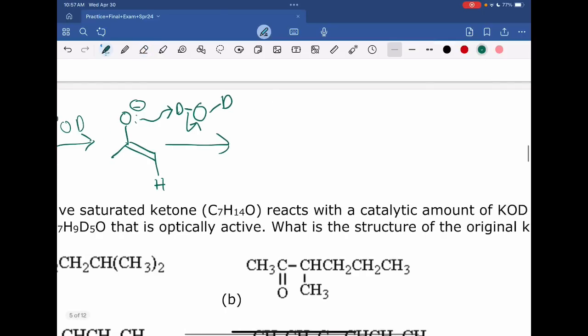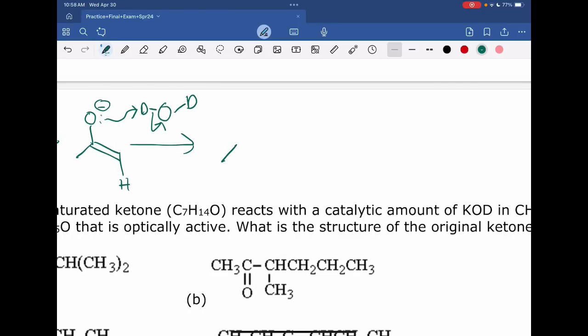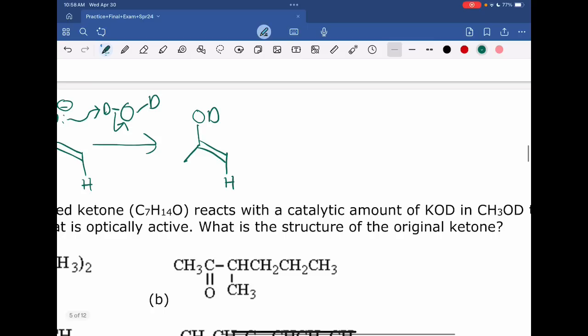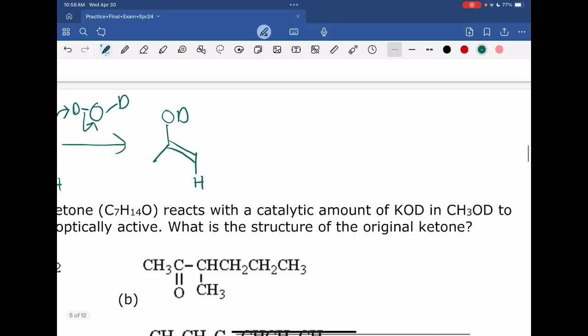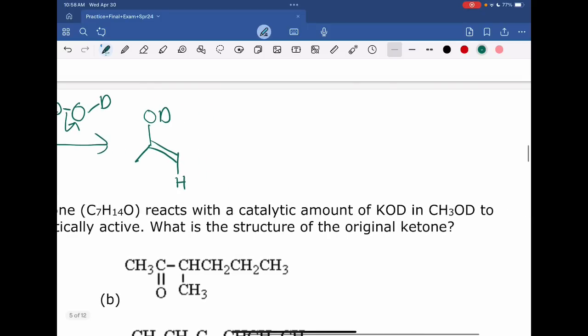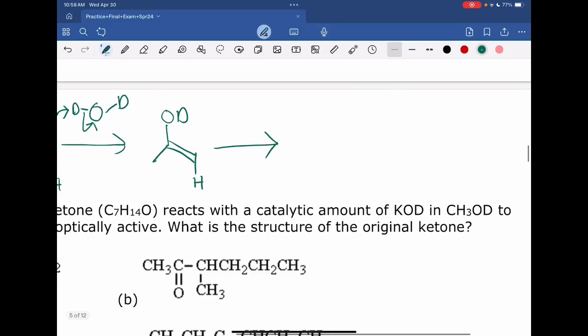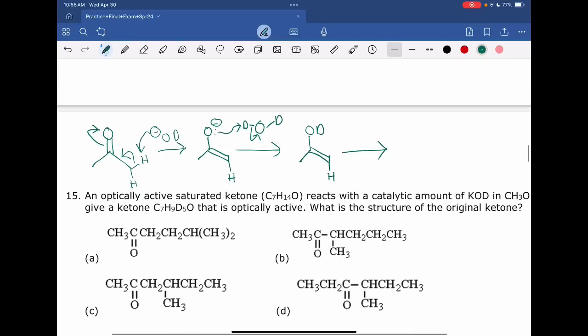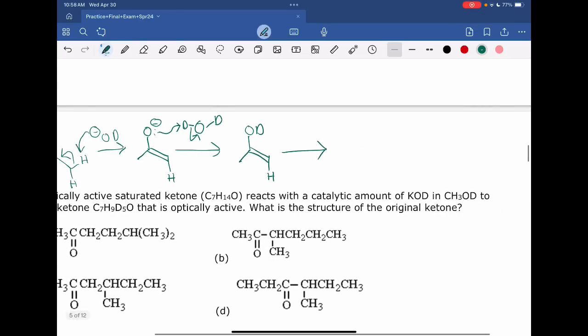And you reform OD minus. You have this. Now, what ends up happening here is that to go back from the enol to the keto, so you're in solution, this thing is going back and forth between keto, enol.